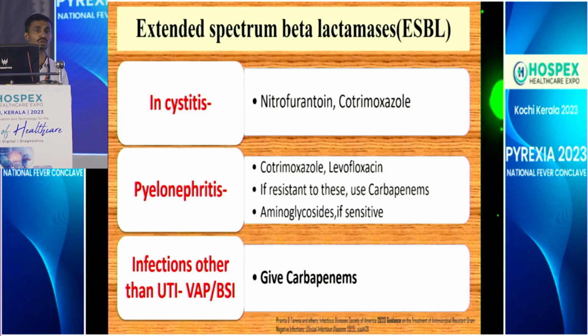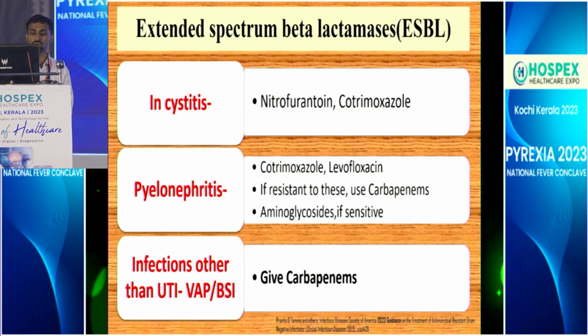If cotrimoxazole and levofloxacin are sensitive in this ESBL, you can give those. If it is resistant, the recommendation is to give a carbapenem, meropenem. For infections other than UTI, such as ventilator associated pneumonia or bloodstream infection, if it is an ESBL, the recommended treatment is a carbapenem.